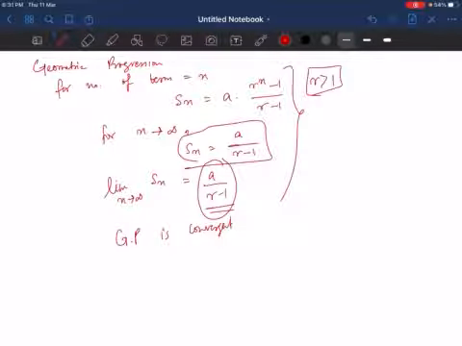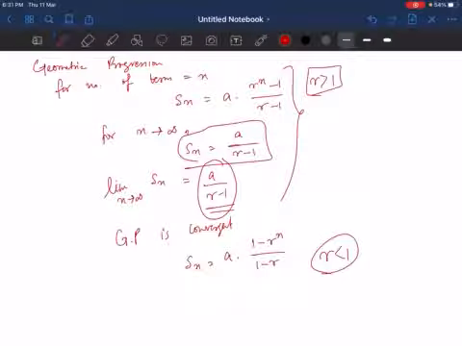Now if I have r less than 1, what happens? For r less than 1, the sum of n terms formula is a into 1 minus r to the power n divided by 1 minus r. This is my formula, right? Now if I look carefully, when my r is less than 1, what happens?